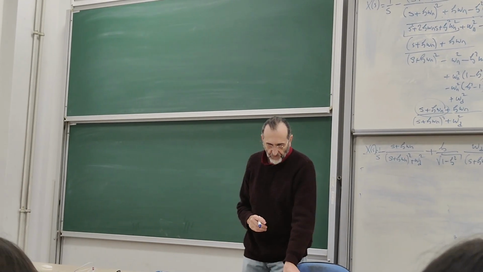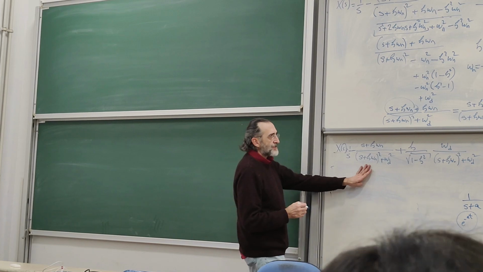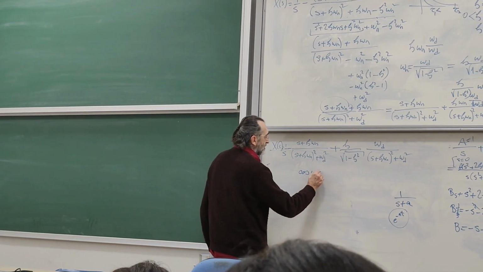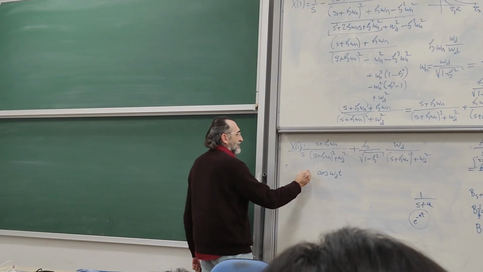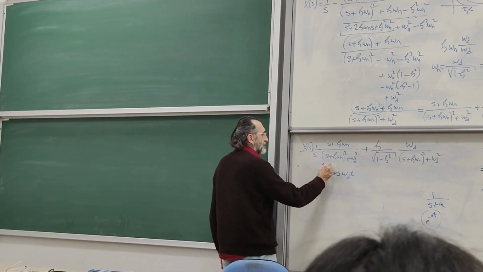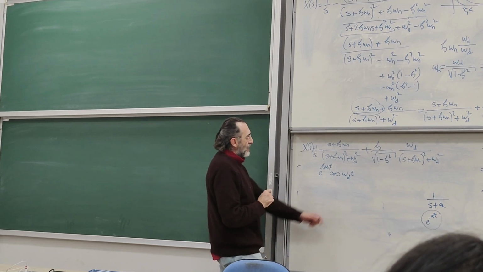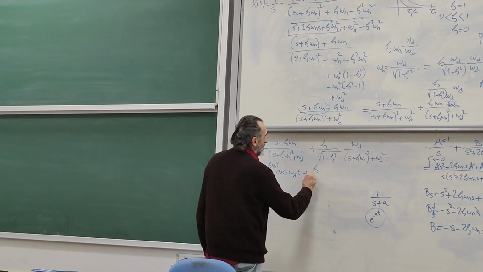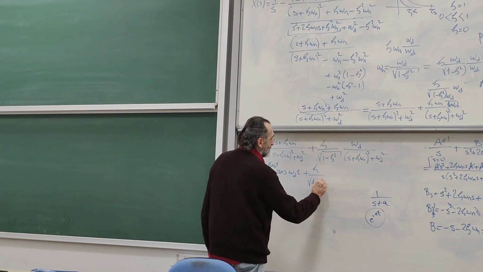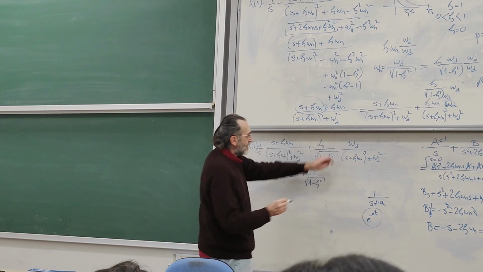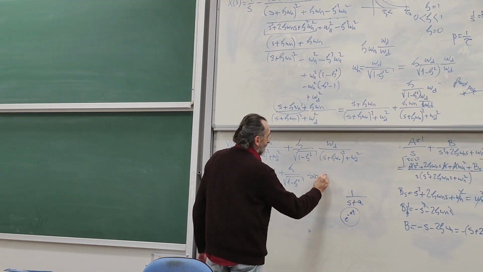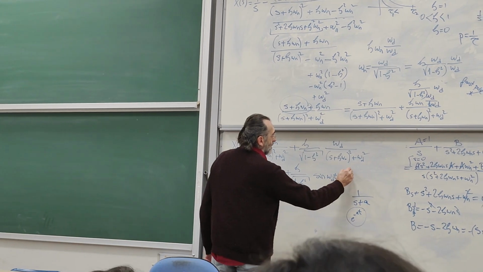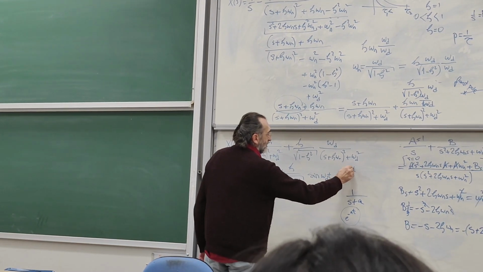Beautiful. So the Laplace inverse is cosine omega_d t multiplied with e to the minus zeta omega_n t, plus zeta over the square root of 1 minus zeta squared times sine omega_d t multiplied with e to the minus zeta omega_n t.